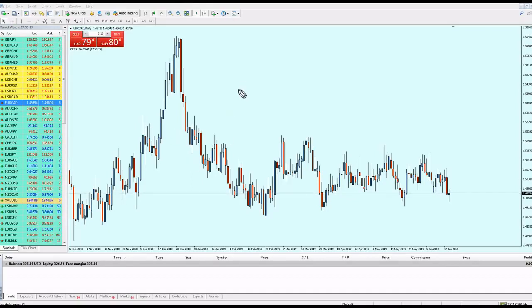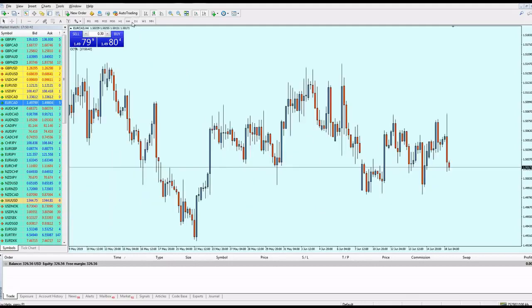When I say resistance or support number 1, and then I'm telling you to enter sell on resistance number 2 or buy on support number 2, I have noticed that many viewers are still not able to understand how to count support number 1 or 2. I saw a question in the comments one time.